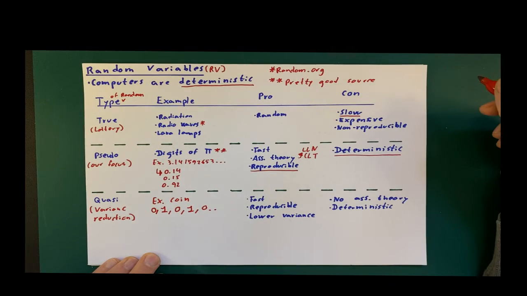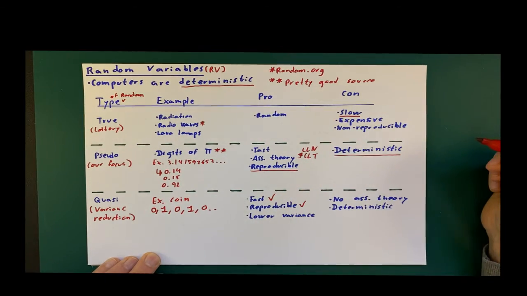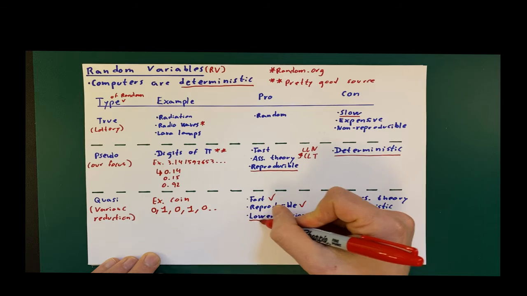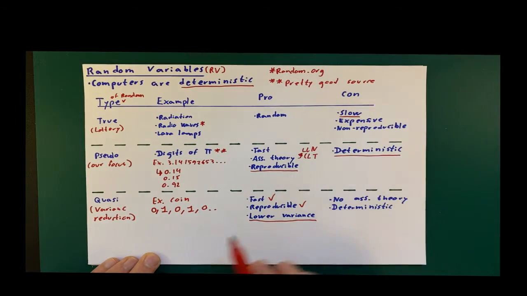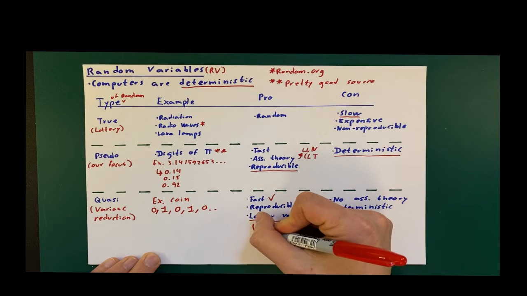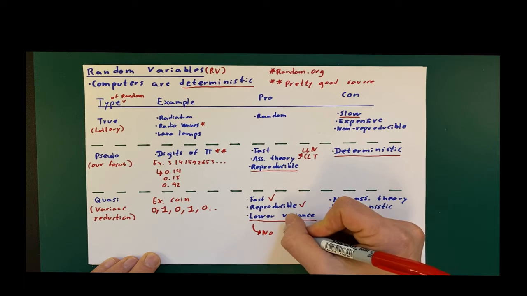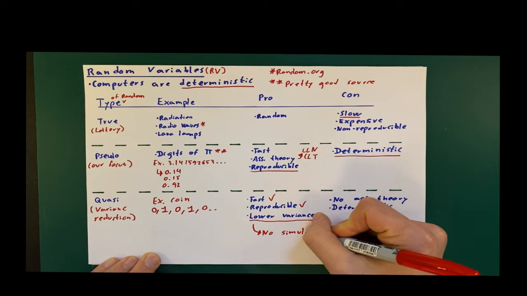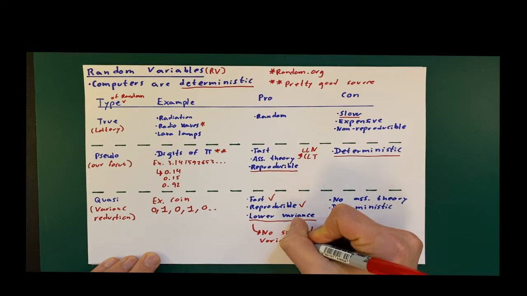So this is still going to be fast, it's still going to be reproducible, and it's actually going to have a lower variance than the pseudo-random numbers, right? Because you have no chance of getting a bad sample, so let's say no simulation variability.